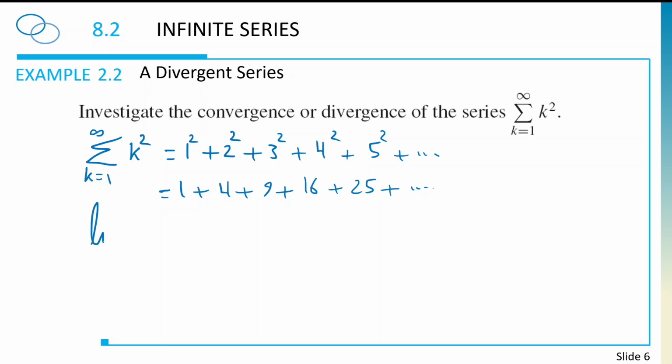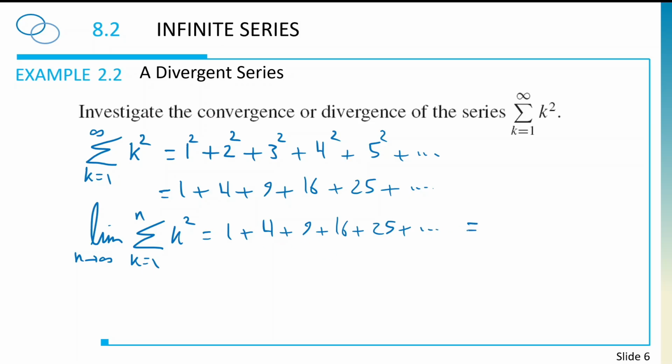If I'm thinking about the limit of sigma from k equals 1 to n of k squared, as n approaches infinity, it's getting bigger, bigger, bigger without a bound. So if I add all of these numbers, the limit will be equal to infinity, for sure.